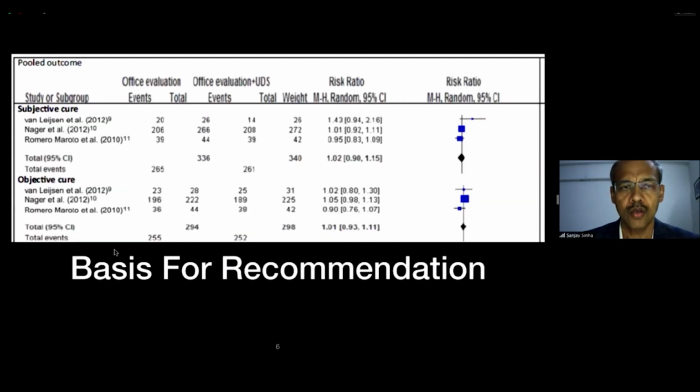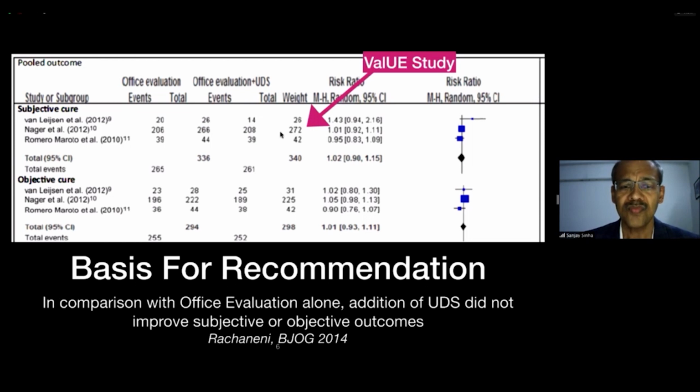This is based on a systematic review, which showed primarily from these three studies, and especially the VALUE trial, which had the highest weight in this review, that in comparison to office evaluation alone, the addition of urodynamics did not improve either the subjective or the objective outcomes.